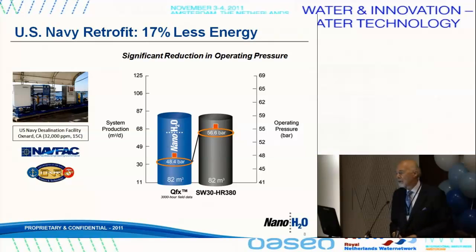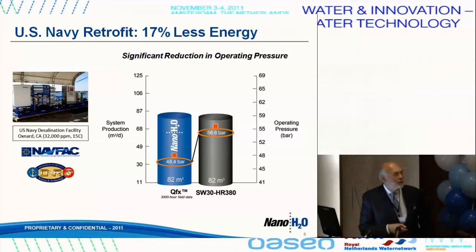And what's significant to what most of us care about in water supplies is that we're able to significantly reduce operating pressure and yet keep the same amount of water. So the system production can be the same, but the operating pressure is significantly lower.